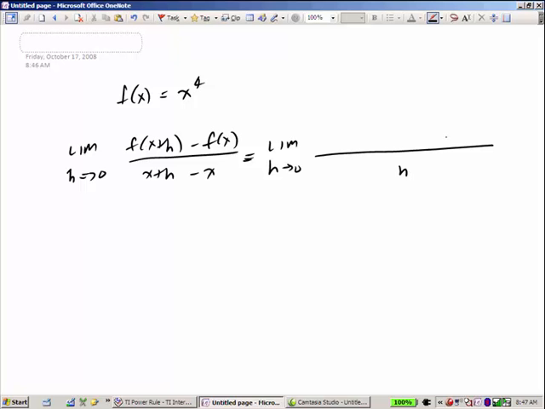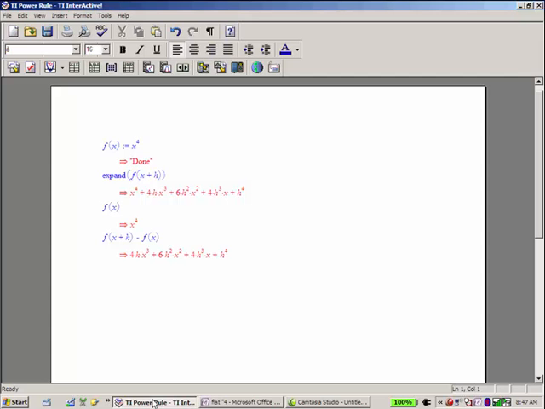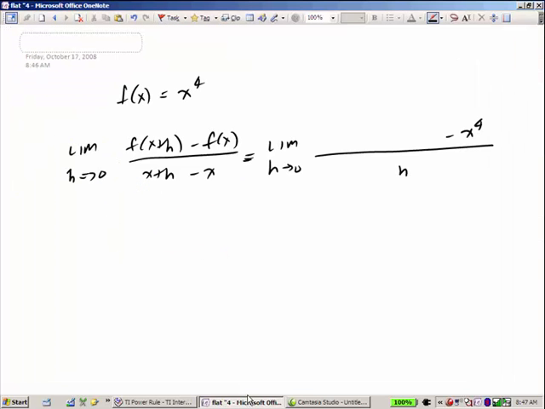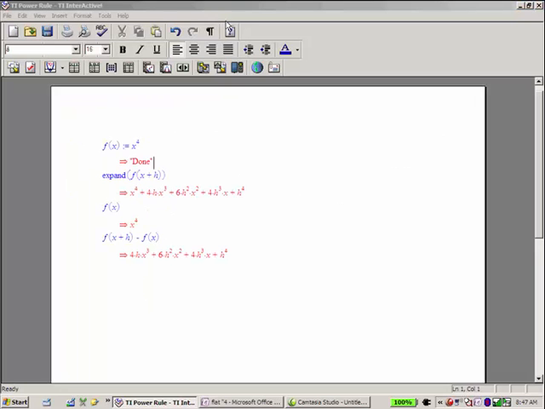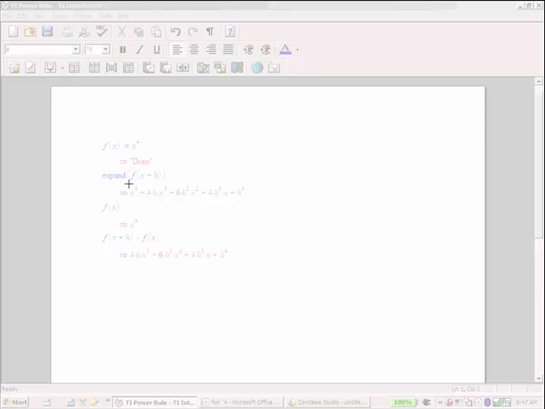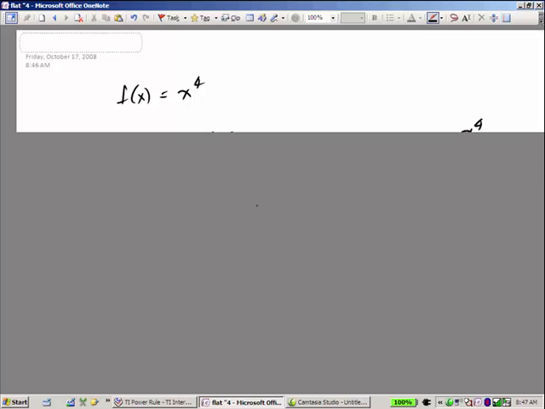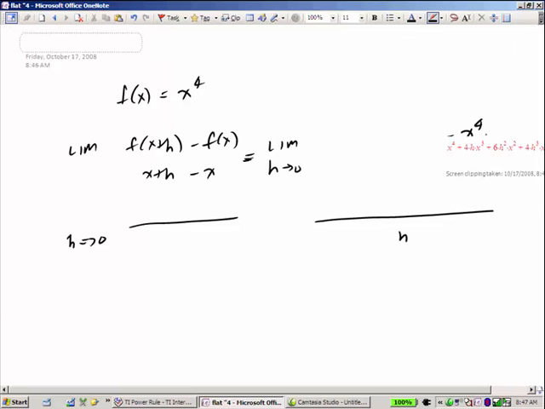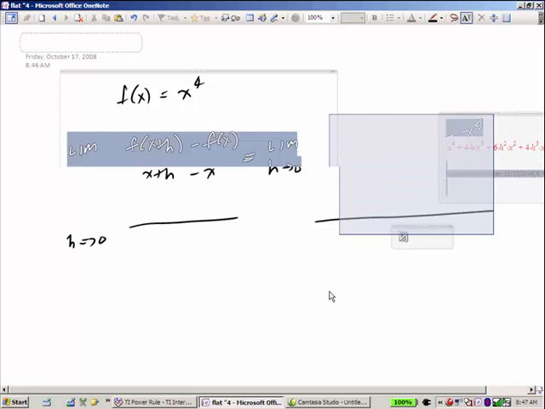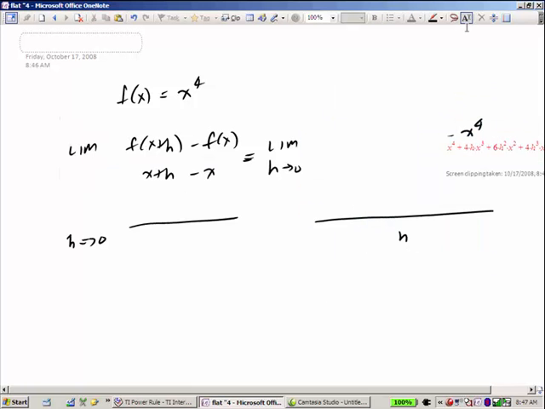All right, and I'll do this part. This part's easy, minus x to the 4th. I need to grab this piece. Oh, boy. That's a mess. Let's see.